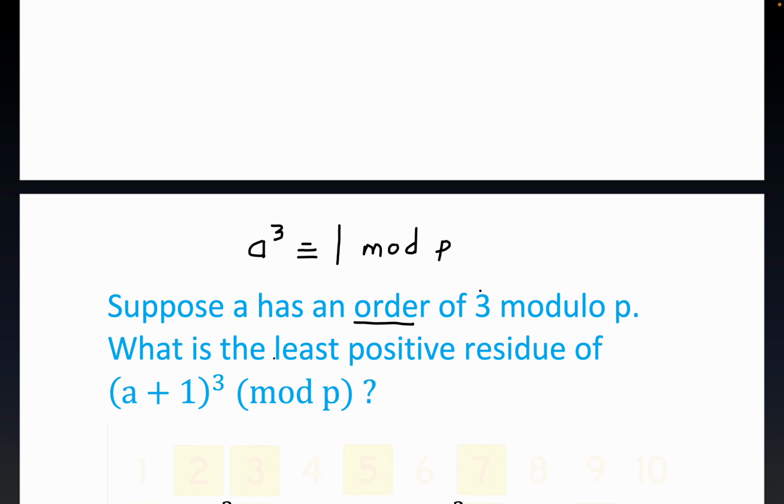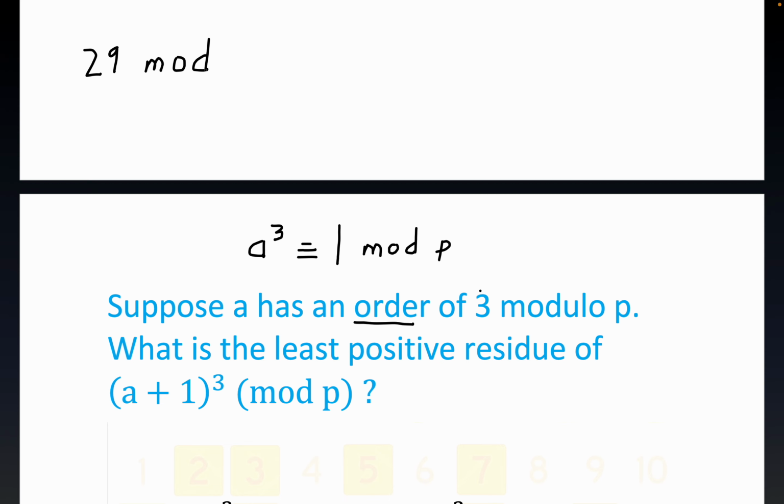Now, what do we mean by the least positive residue? Let's just do a concrete example. What if we were considering 29 modulo 5? The possible positive remainders of any number upon division by 5 would be 1, 2, 3, and 4, right?